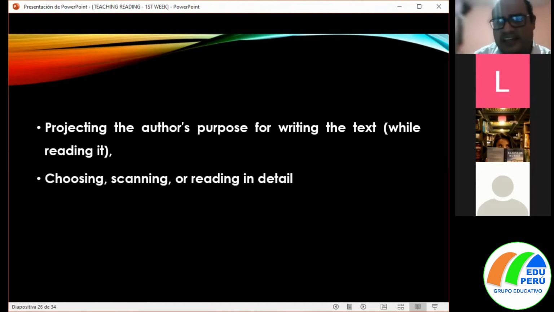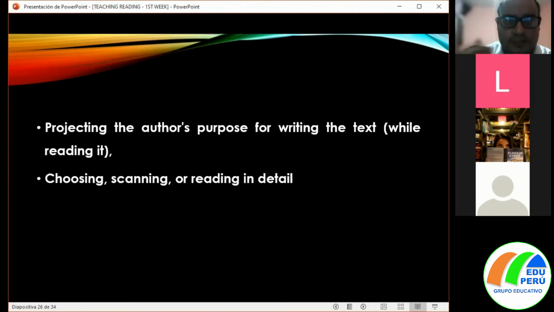Choosing, scanning, or reading in detail. So you are going to analyze and see what strategies to use. Scan, read in detail. Skimming and scanning, then we're going to talk more about this.